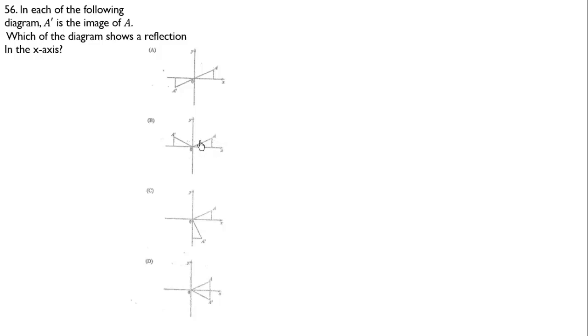If x-axis is the mirror line, the image should form below here. We cannot get a mirror reflection of this over here. This is a reflection in the y-axis. Therefore, the correct answer is D. This cannot either be. So if you are standing here and this is a mirror, you see yourself right here, not this side. So the correct option will be D.